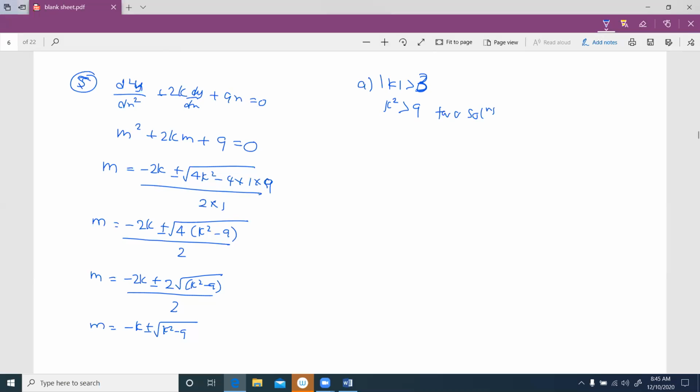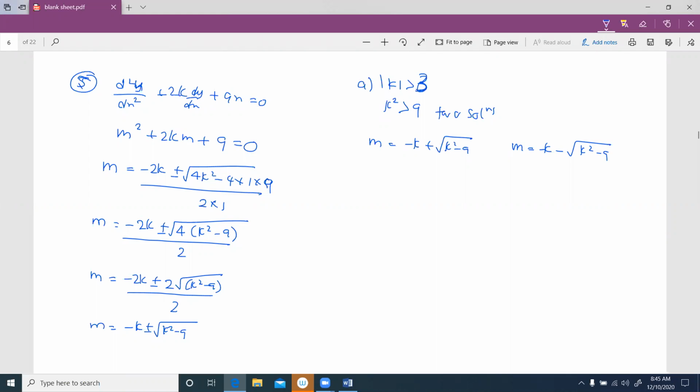What are the two solutions you get? m is equal to minus k plus the square root of k squared minus 9. The other solution is m is equal to minus k minus the square root of k squared minus 9, right? These are the two solutions for m.